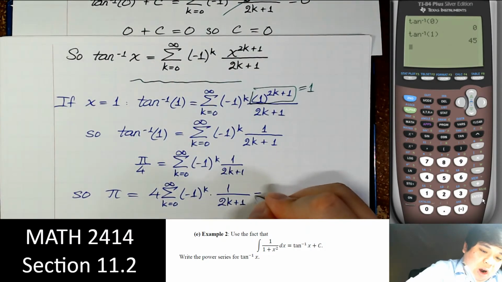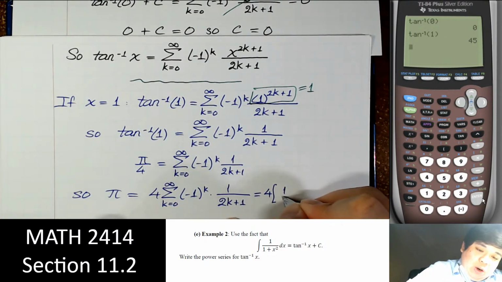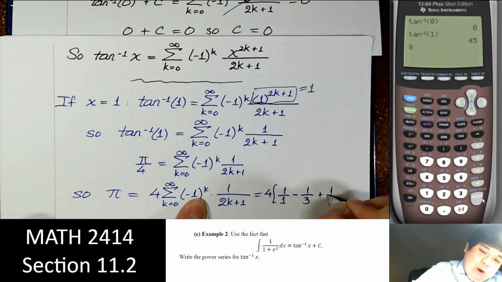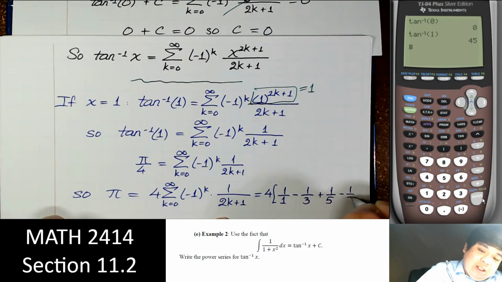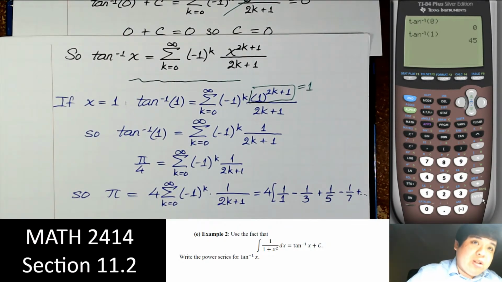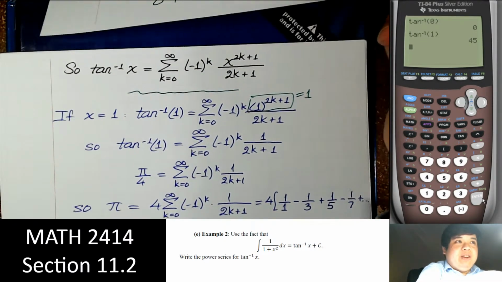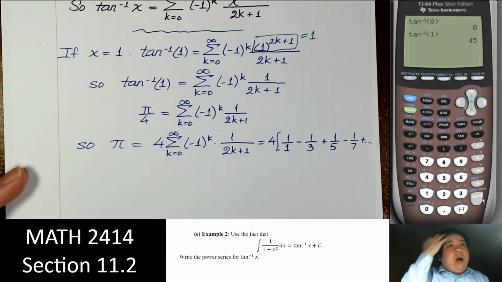Now, if we want to write a few more terms, when k equals 0, we have 1 over 1. When k equals 1, 1 over 3. K equals 2, 1 over 5. K equals 3, 1 over 7. So you get the idea of how this series goes. Whatever that series equals, multiply by 4, it's going to give us pi. So that is extremely useful. That is the way to estimate pi.